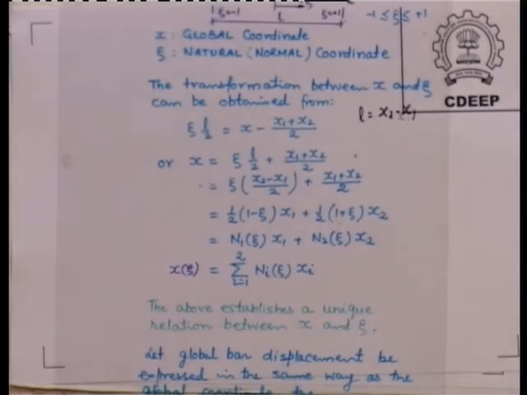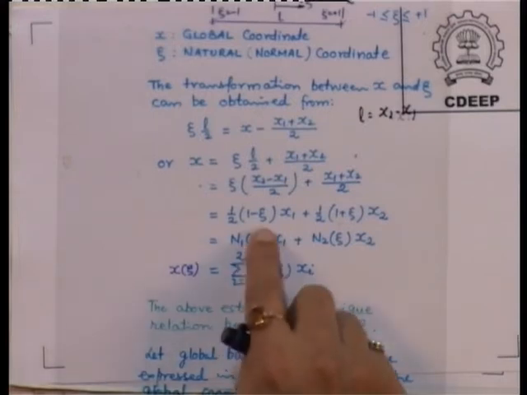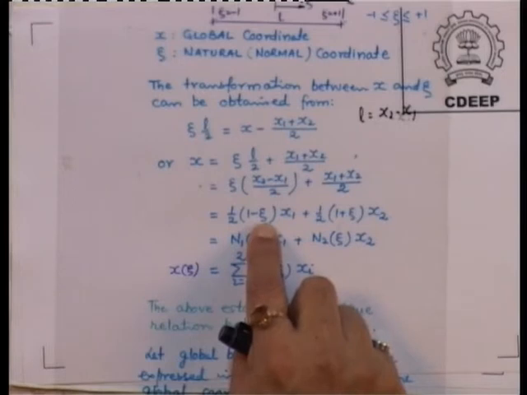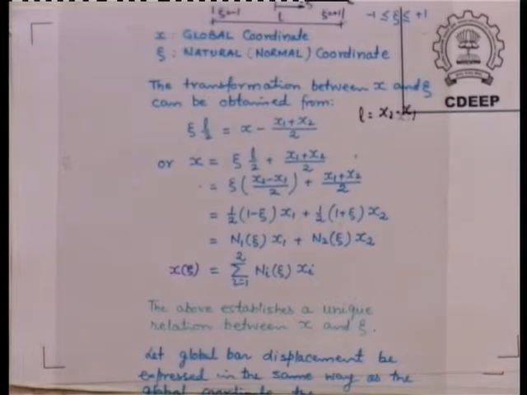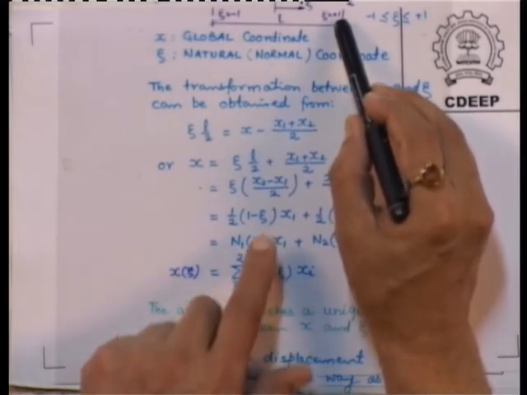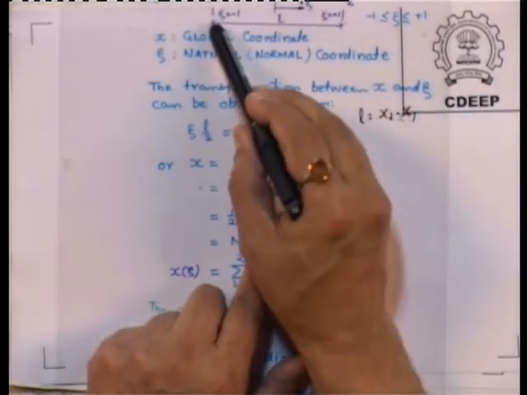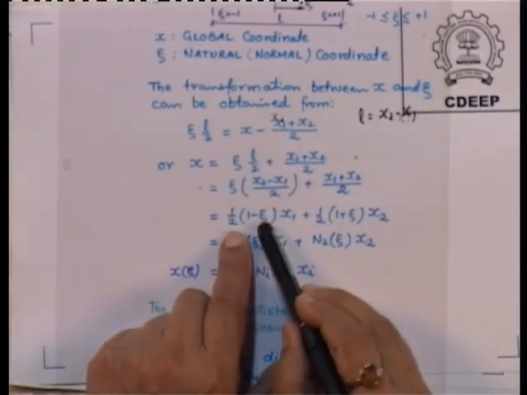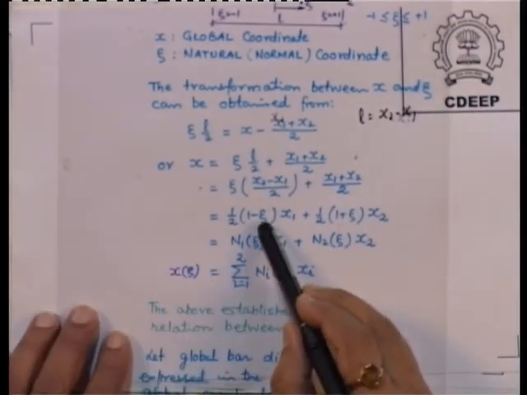Now, this is the behavior of 1 by 2 into 1 minus psi. If you plot this in the element, when psi equals +1, its value is 0.